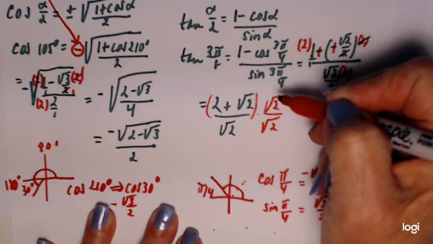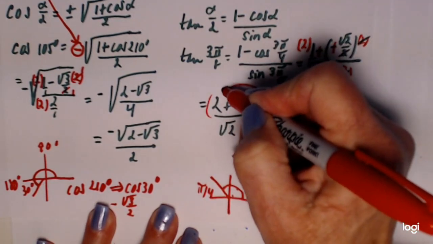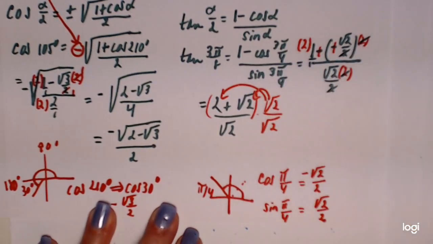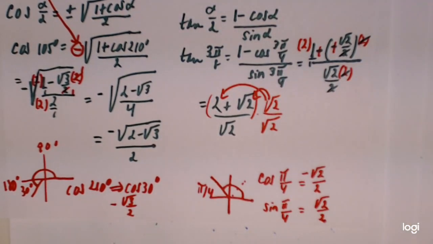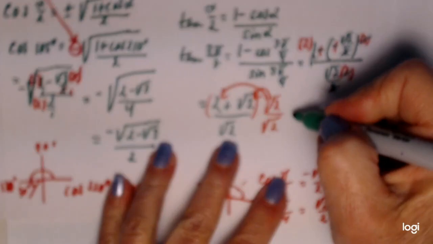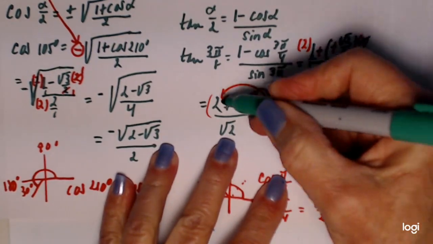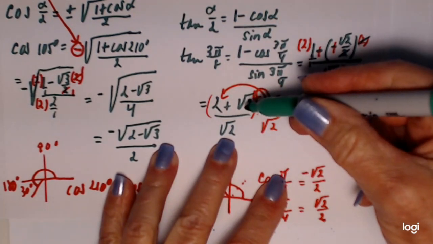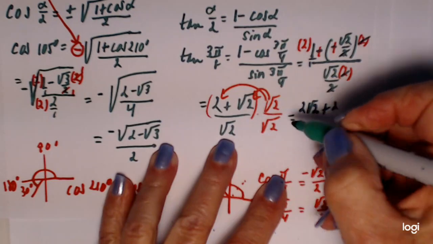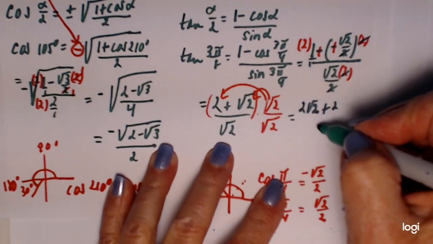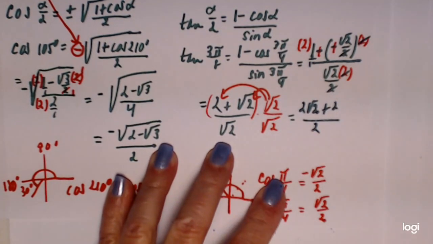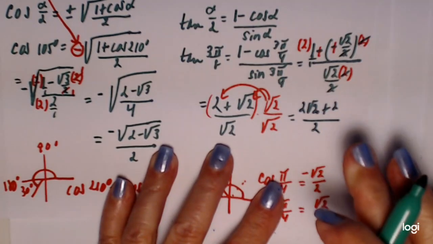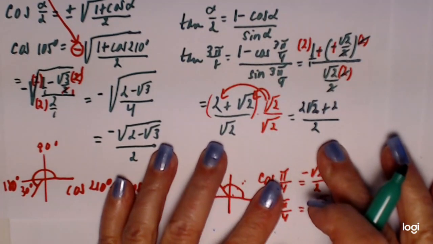I'm going to put the numerator in parentheses because this is a distribution multiplication, and that parentheses might help you remember that it is a distribution multiplication and everything in the numerator gets multiplied by that square root 2. So 2 times square root 2 is 2 square root 2. Square root 2 times square root 2 is just 2. And then the denominator, square root 2 times 2, square root 2 is 2. So no more radical in the denominator, just about done.